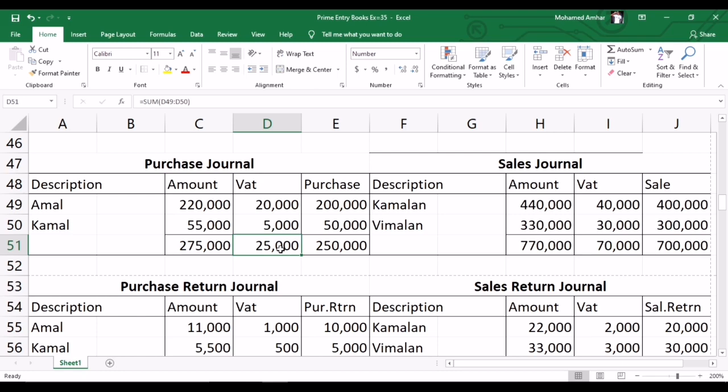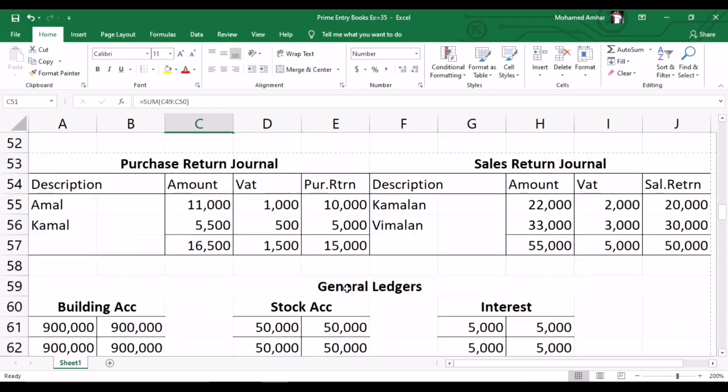We have the right to collect the VAT paid, so debit the VAT account. And if the 250 and 25 are debited, this 275 should be credited to the creditors control account.